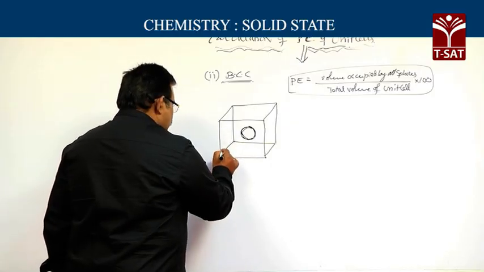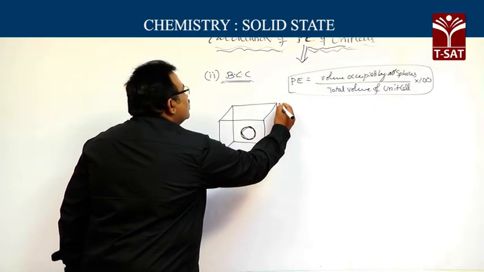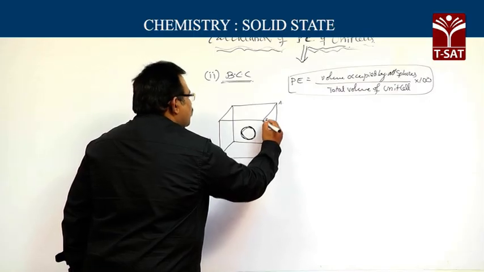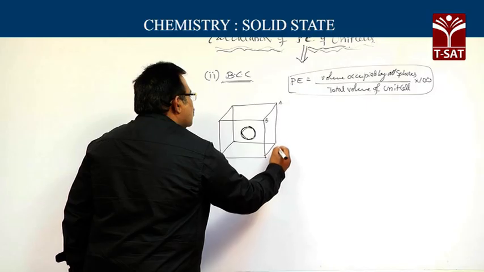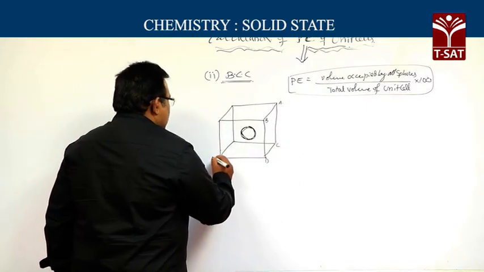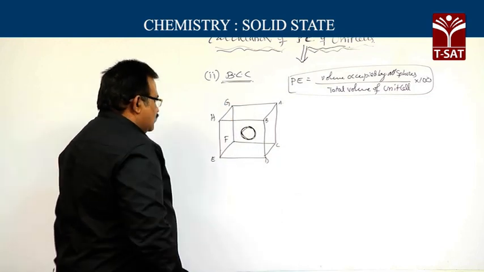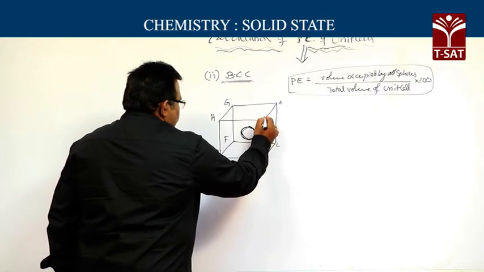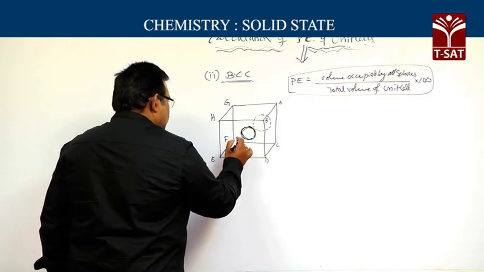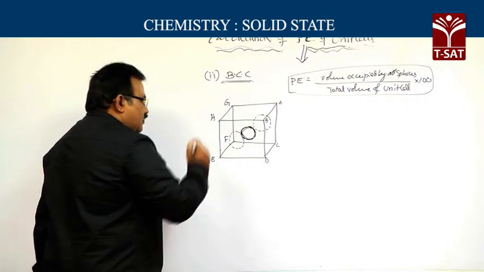In this crystal, this is my point A, B, C, D, E, F, G and H. At this area, one more sphere, here one more sphere is present, and the rest of the corners also.